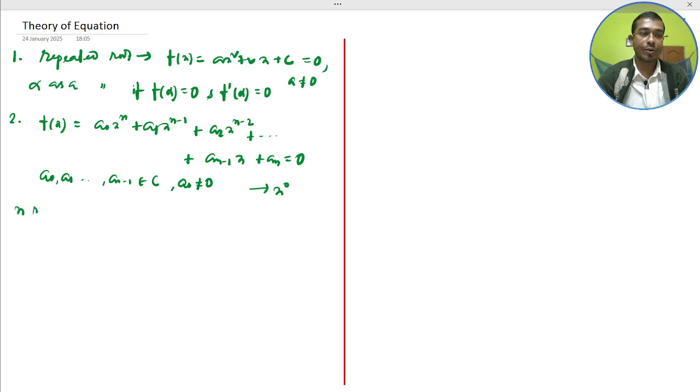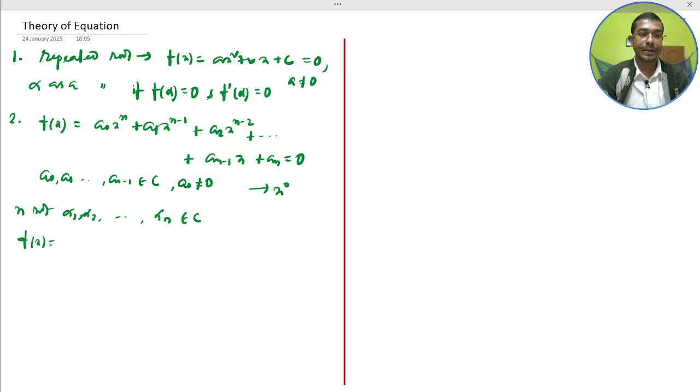Now a naught, a1, a2, dot dot, an. Just write alpha for the roots, so alpha 1, alpha 2, dot dot, alpha n. These must belong to the complex numbers, being the n roots.